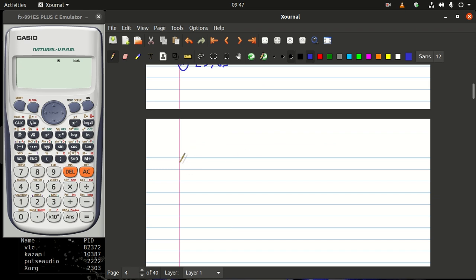And then another question will be: is the function f continuous at the points?